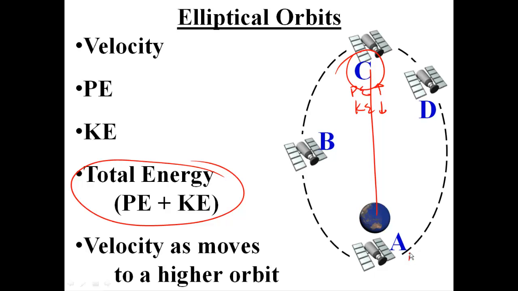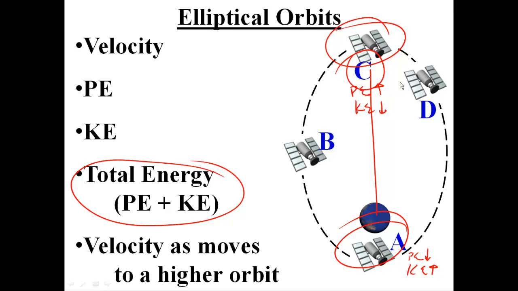Over at A, it's a little bit of potential energy, but a lot of kinetic energy. So what does that tell you? Well, it tells you the velocity at A, the object is moving very quickly compared to the velocity at C.